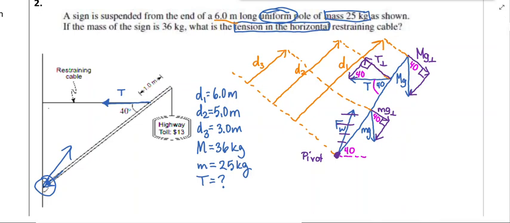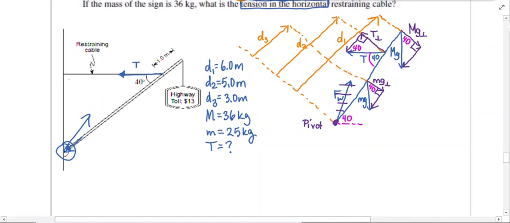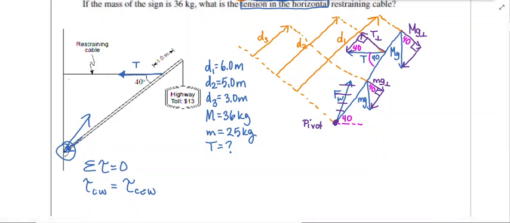Okay, now let's go to our first principle step. Our first principle step is that we're going to sum up all the torques and let them equal 0. What this means is that all of my clockwise torques are going to be balanced or equal to my counterclockwise torques. Now, which ones are clockwise and which ones are counterclockwise?